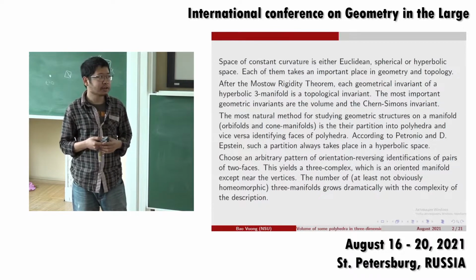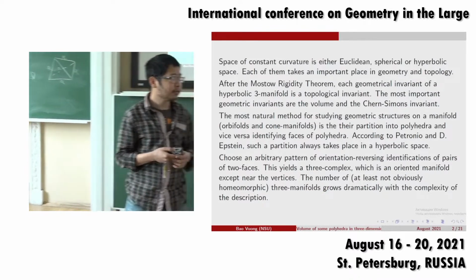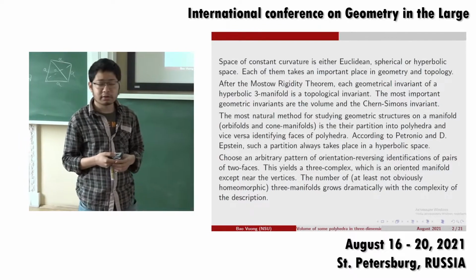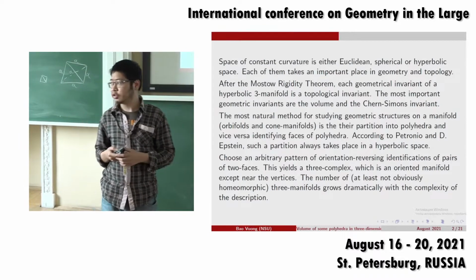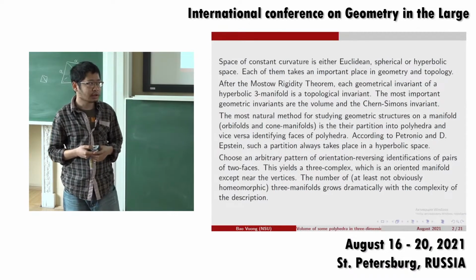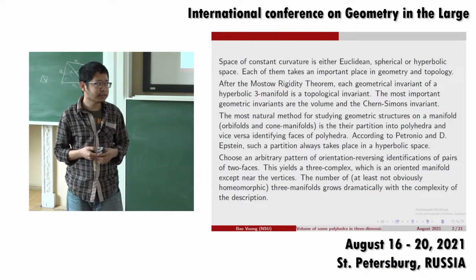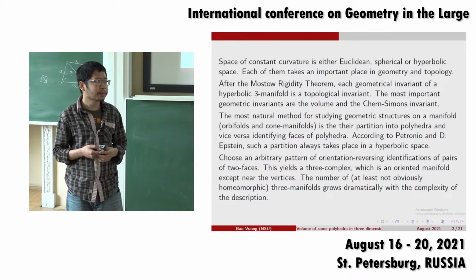The most natural method to study geometric structure on manifolds, or orbifolds and cone manifolds in general, is their partition into polyhedra and vice versa, namely identifying faces of polyhedra to get the resulting manifold.